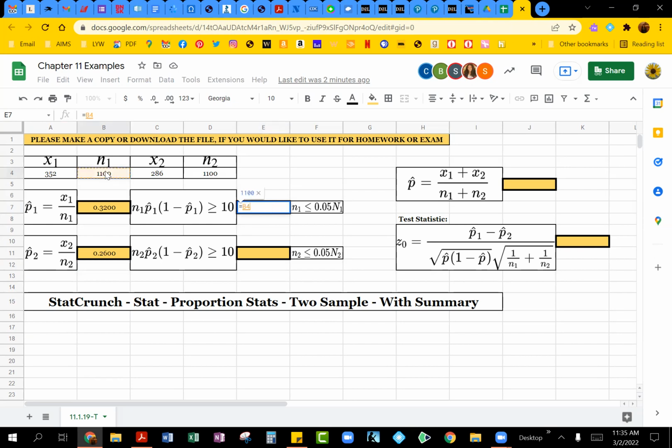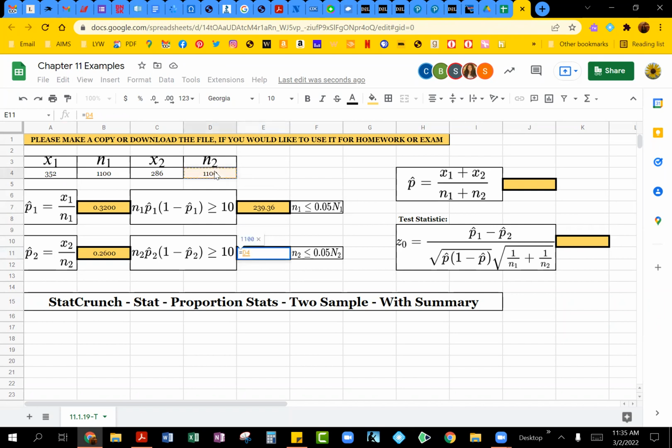So we're taking N1, multiplying that with P hat 1, which is this 32% that we just calculated here. Multiply that, and I'll put this in parentheses, 1 minus P hat 1. And obviously that number came out to be larger than 10. Same thing for sample 2.